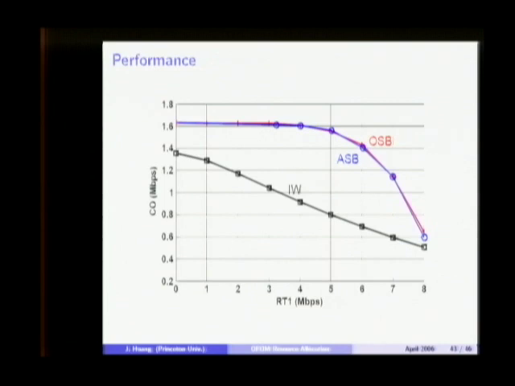Somehow it seems like you have a multiplicity. It's not clear to me that there is a multiplicity of solutions that guarantees those other 2 people their 2 megabits. So you're talking about the convergence of this whole algorithm, right? Well, I'm just saying, you just keep adjusting the weights to make sure users 3 and 4 get 2 megabits. Right. And I'm not sure how that works. It seems sort of obvious to you.